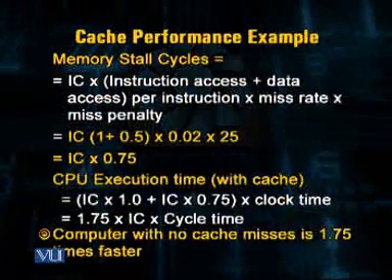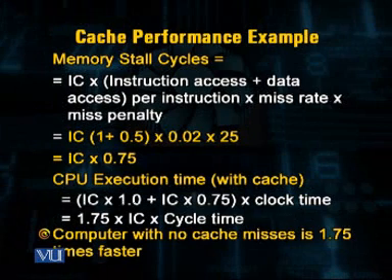Now, if we find the ratio of the execution time of the system without cache and with cache, it shows that the computer with no cache misses is 1.7 times faster than the computer with cache misses as described in this example.